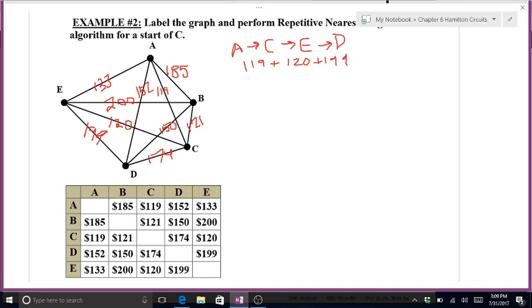And then finally go to B. And D to B has a weight of 150. And then of course we have to go back home. So we've got to go back to A. From B to A is 185.